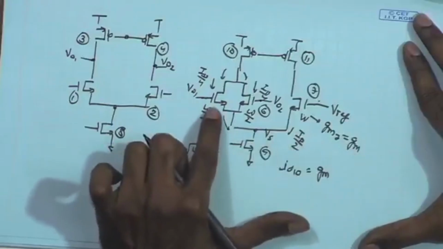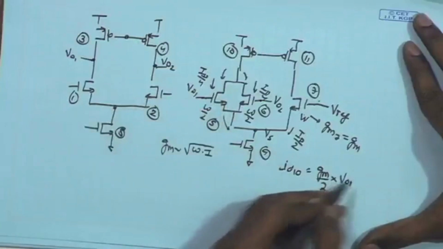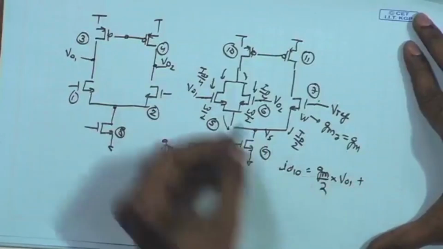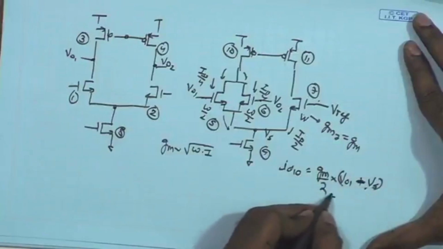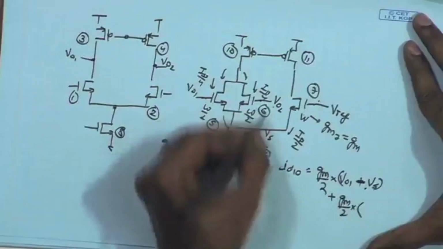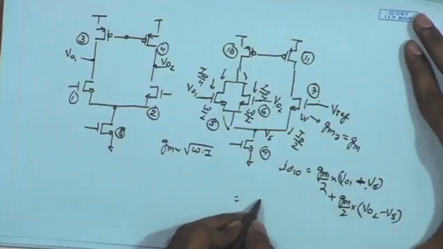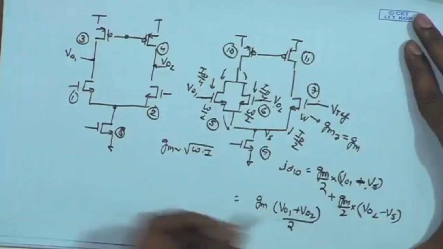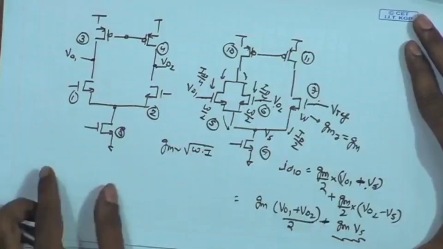So ID10 is GM by 2 times VO1 minus Vs, plus another GM by 2 times VO2 minus Vs. Therefore, I can write ID10 as GM times (VO1 plus VO2) by 2, minus GM times Vs. This is the extraneous component that is coming.